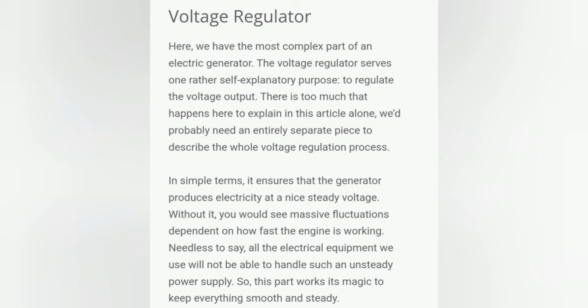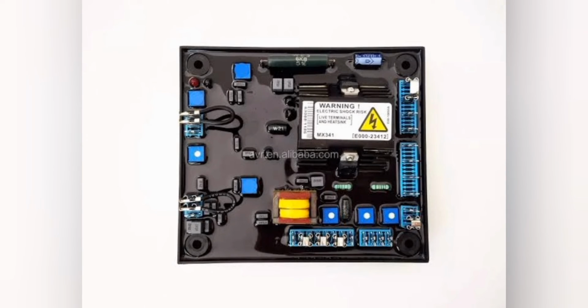Now we will see about the voltage regulator. This voltage regulator is a complex part of an electric generator, and there are a lot of things to discuss, but this is not enough here. We need to discuss the voltage regulator separately. But here in our DG sets, in simple terms, the voltage regulator works as a regulator of the voltage of the different parts in the DG system.